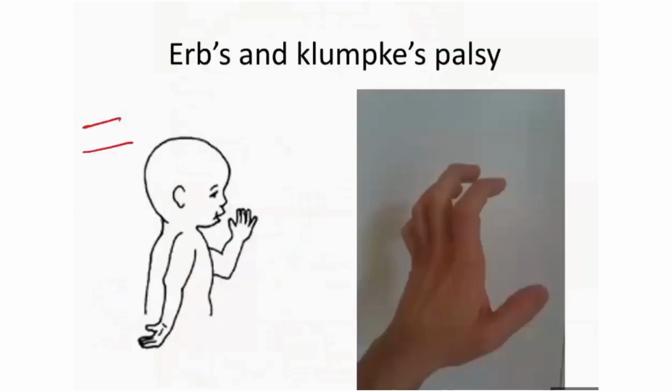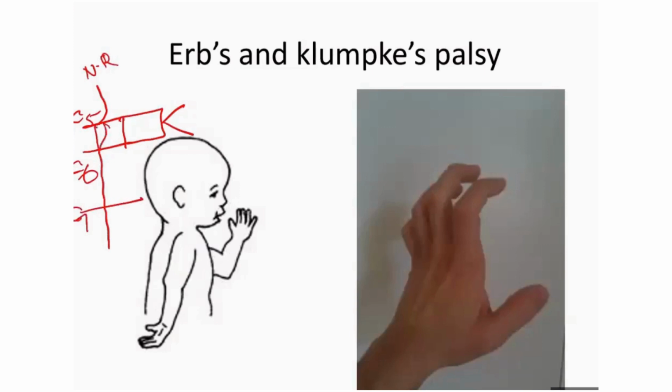What is Erb's point? This is C5. This is C6. The nerve arising from C5 is nerve to rhomboids. C5, C6, C7 unite to form long thoracic nerve of Bell, which supplies serratus anterior; injury to it is the reason for winging of scapula.